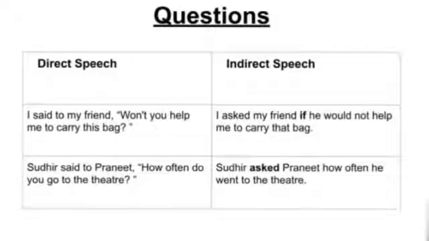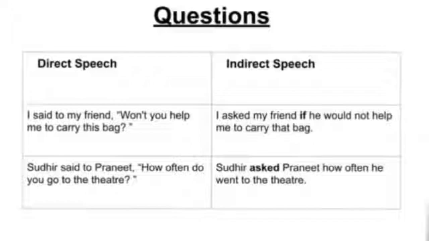The last one, interrogative sentences. When we convert an interrogative sentence from direct speech to indirect speech, the reporting verb said is changed to asked, demanded, enquired, etc. As we know, there are two types of questions, WH questions and yes or no questions.